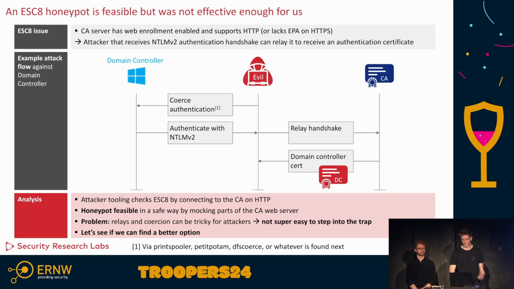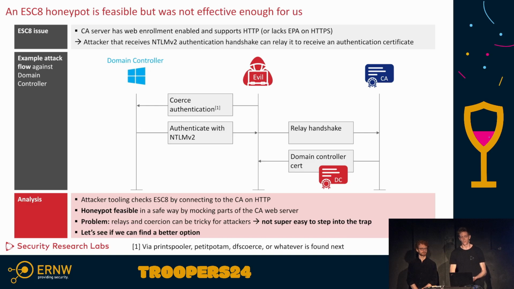Quick analysis. The great thing about this is that attacker tooling, for example Certipy, doesn't check for the templates in this case, but just connects to the CA via HTTP to see if this feature is enabled. So this makes it very easy to implement a honeypot. You would just have to mock parts of that interaction with the CA web server.